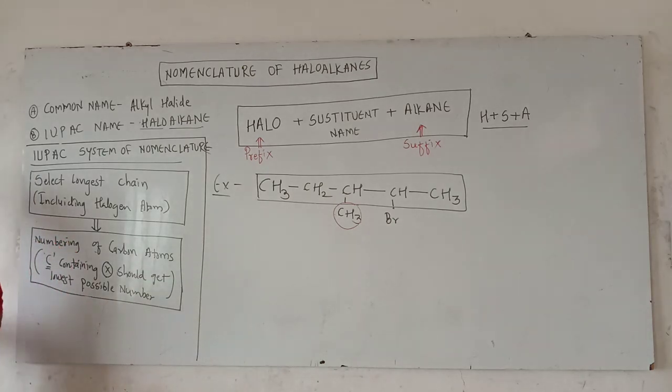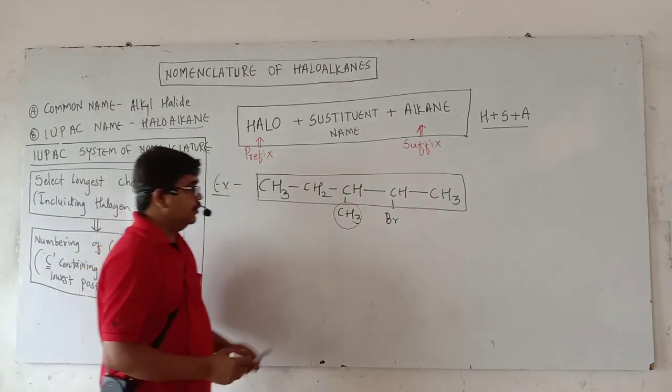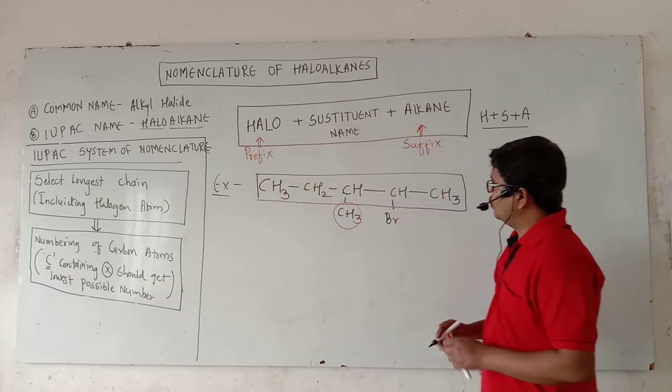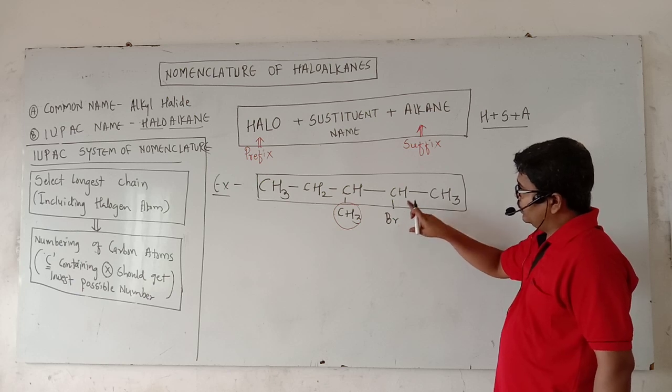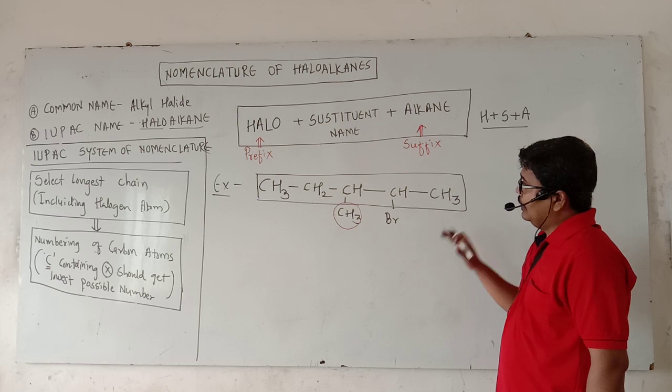What is the second step? Numbering of carbon atoms. But while doing numbering, the carbon containing halogen should get the lowest possible number. So which is the carbon containing halogen? This is the carbon containing halogen, and this carbon must get the lowest possible number.